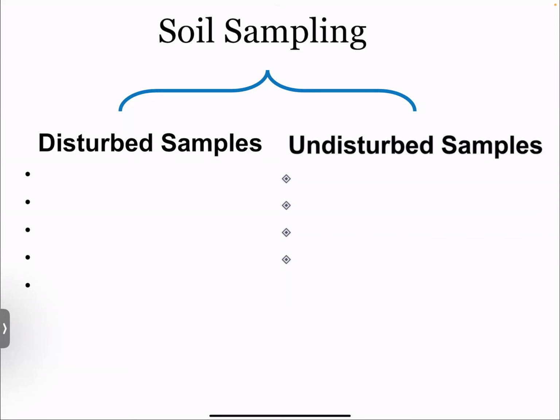Okay, so there's two general things we need to think about when it comes to sampling. There's the disturbed samples and then the undisturbed. The other way of referring to undisturbed is high quality.